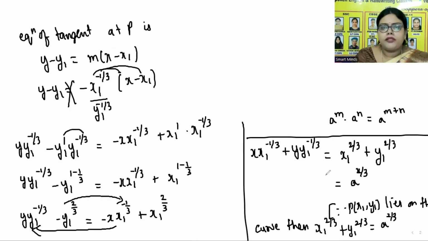Yes, it is 2 by 3. So this is a power 2 by 3. Okay. So now we got this result as x1 power minus 1 by 3 x plus y1 power minus 1 by 3 y is equal to a power 2 by 3.